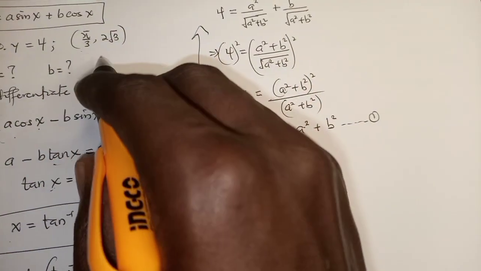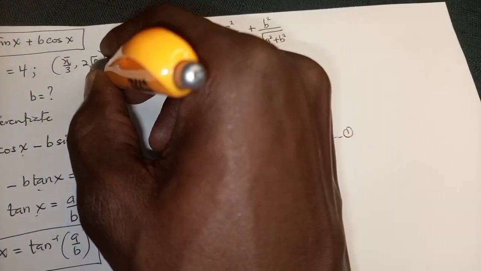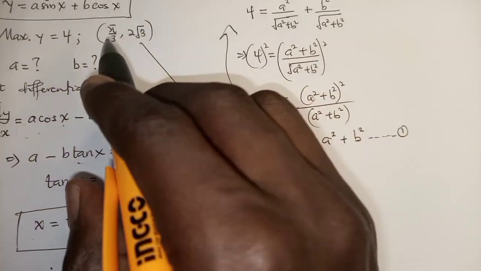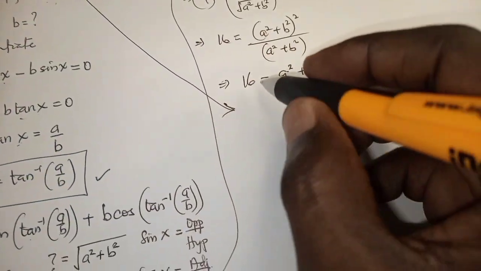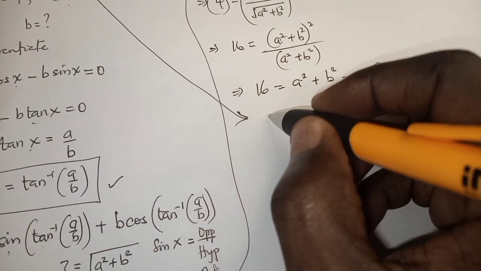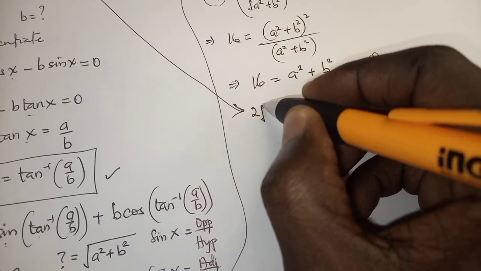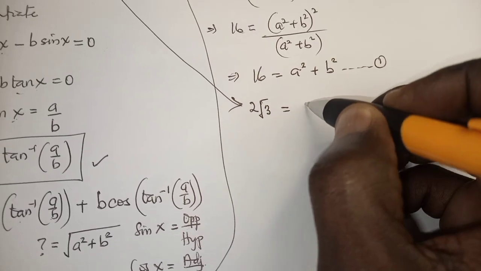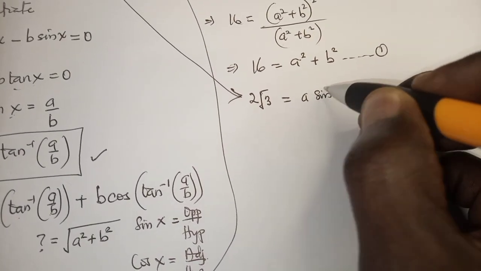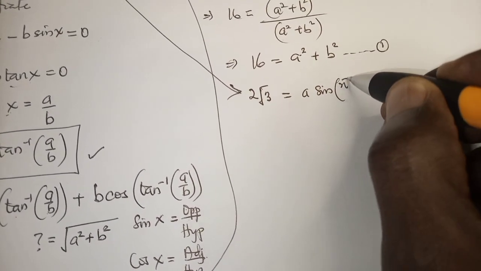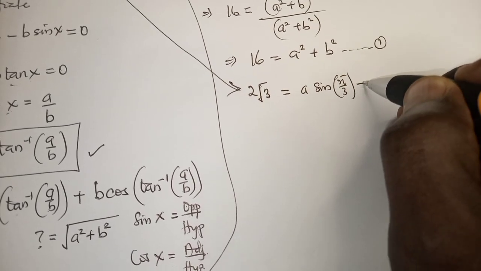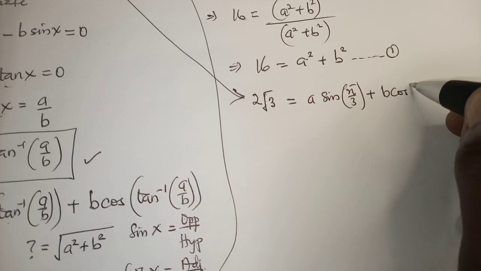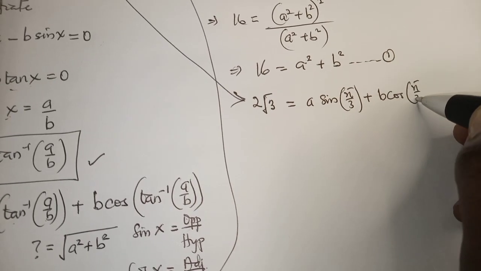Using the coordinate, we are just inserting 2 root 3 equals a sine pi on 3 plus b cos pi on 3 as well.